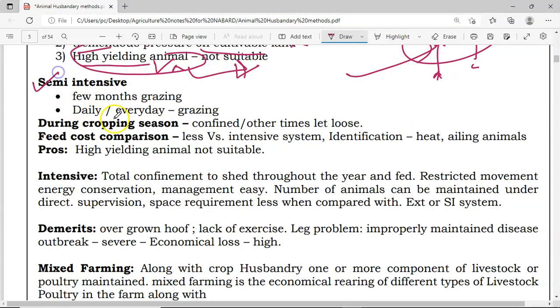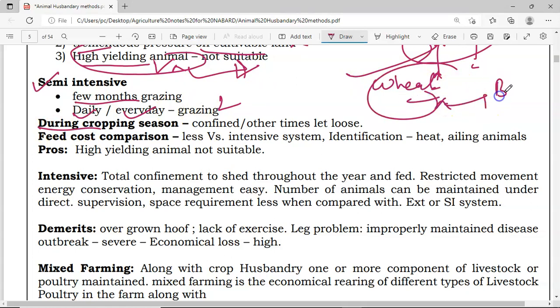This is the semi-intensive system. Under this system, you require a few months of grazing, and everyday grazing. But what happens during the cropping season? For example, you have grown wheat in your field, so you are getting some fodder from this wheat after cultivation. You can use this to feed your animal.